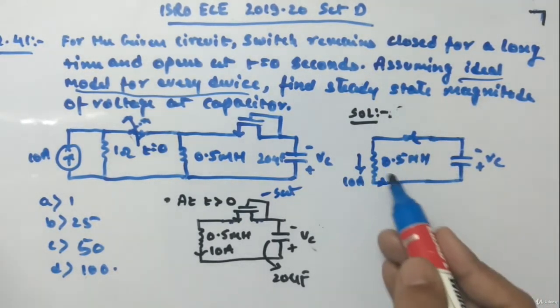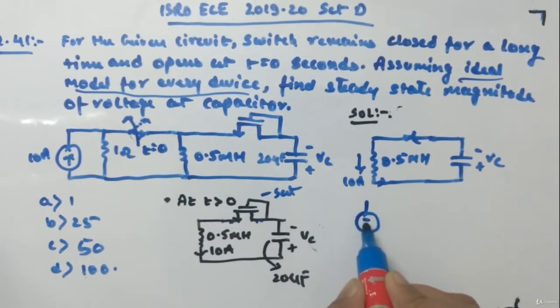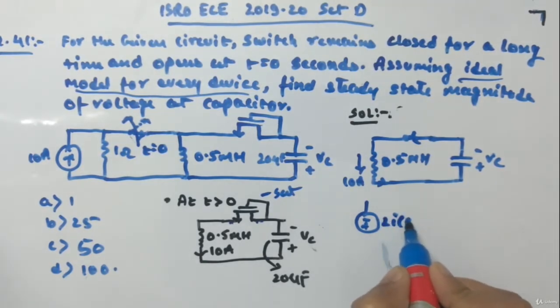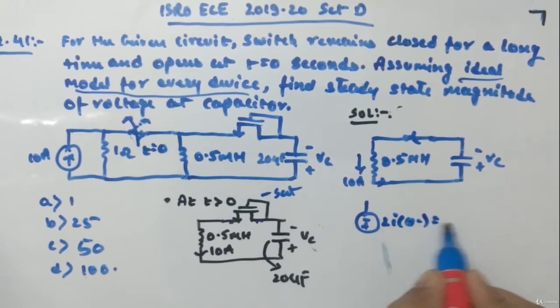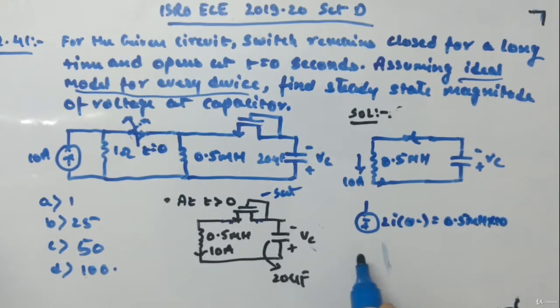We can apply Laplace. So this circuit will look like this: since the current is coming from negative, L i0-, which is 0.5 millihenry into 10.